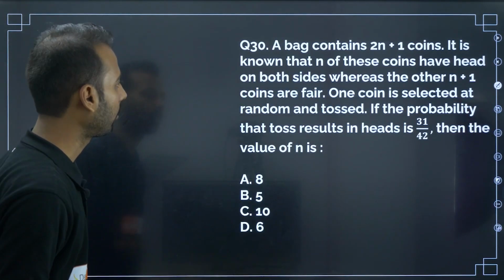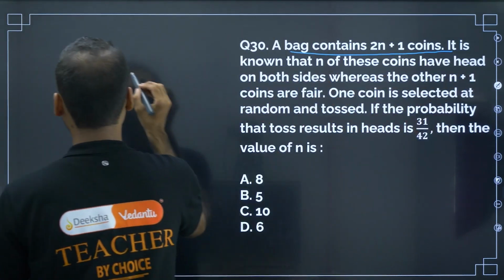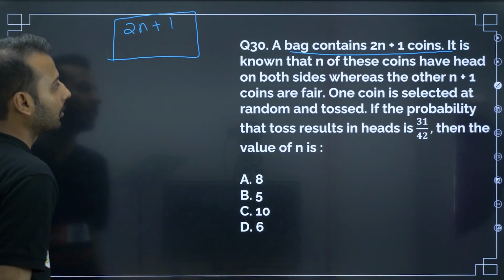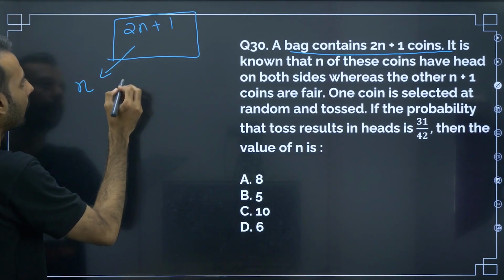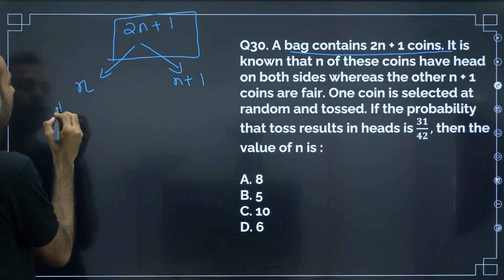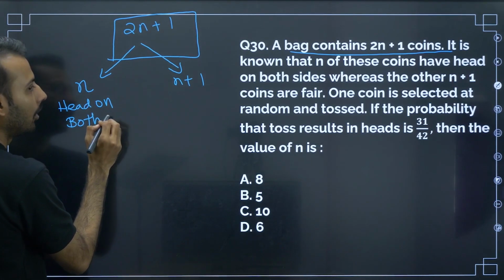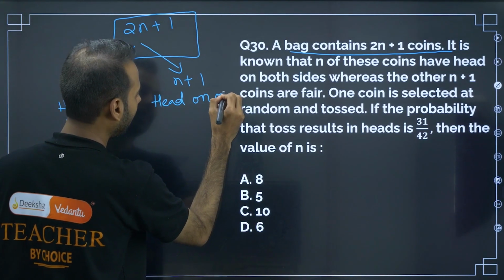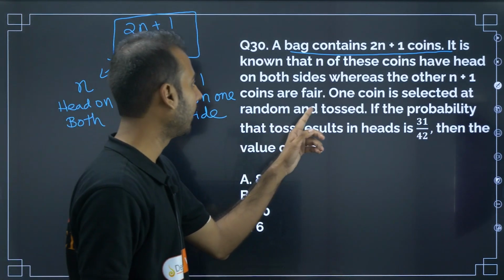A bag contains 2n plus 1 coins. So some information they have given. It is known that n of these coins have head on both sides, and the remaining n plus 1 coins have head on one side, that is, they are fair.